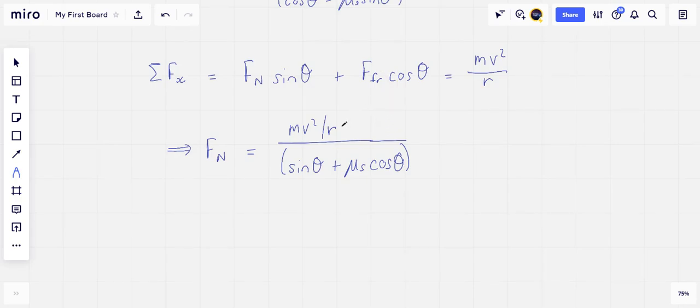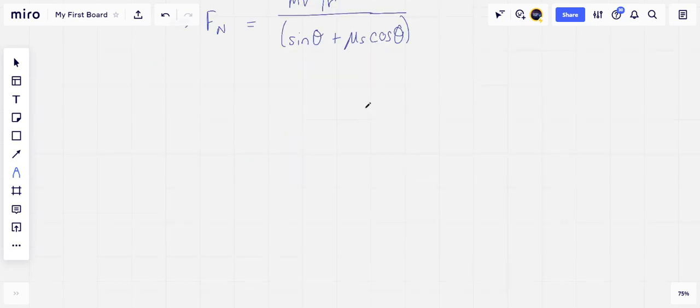So now we have two expressions for the normal force Fn, which we can equate and solve for the speed.